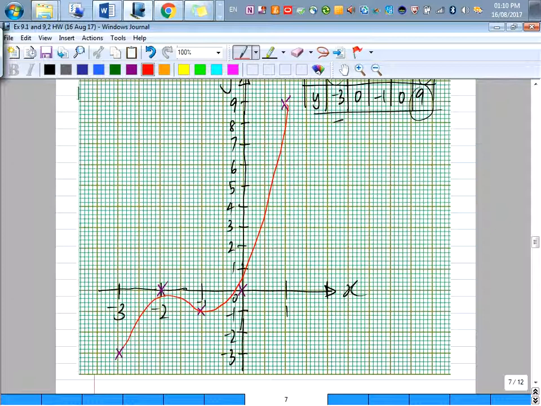But like what Darren said, these 2 points are very far apart. Maybe I want to check out what is the value of y when x equals 1, so that he can confirm the shape. So go ahead and do it.